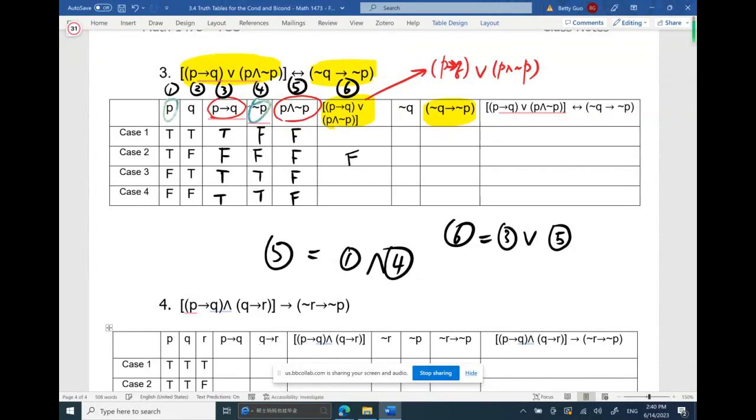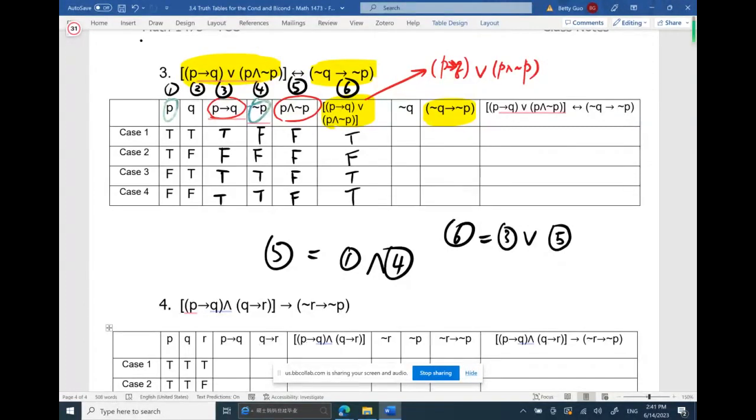So this is false. All others are true. Let me double check. Column 6 is 3 or 5. So we only have the second case where both of them are false. For a disjunction to be false, both of them need to be false. Okay, very good. So that's the first piece of the target statement.